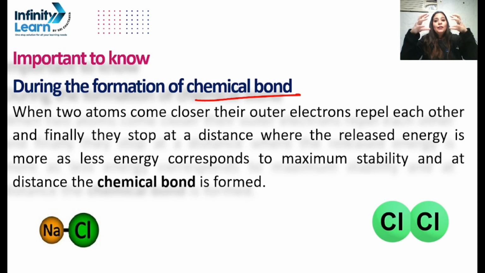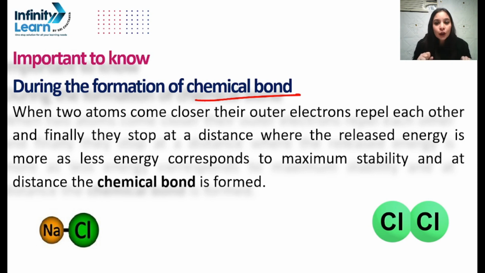Then they will be stopped at a certain distance when the energy release is maximum and the bond formed is stable. That is a state of maximum stability and minimum energy. At that particular internuclear distance, the bond is formed.